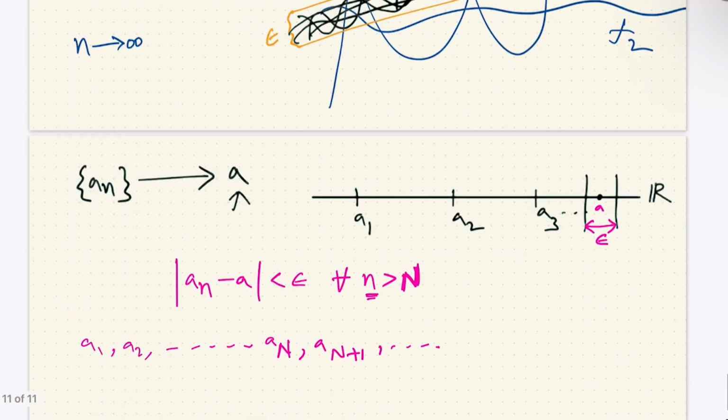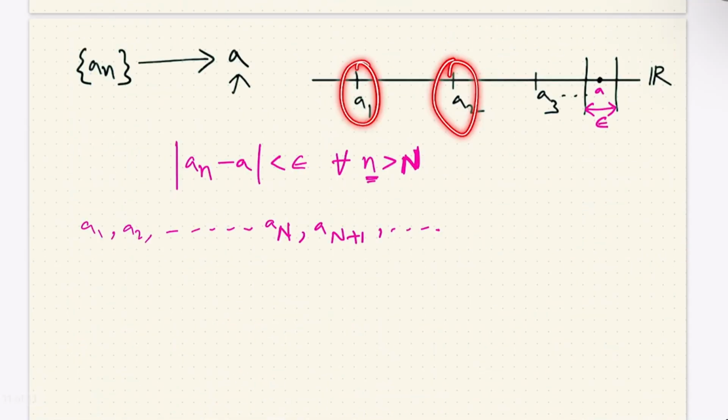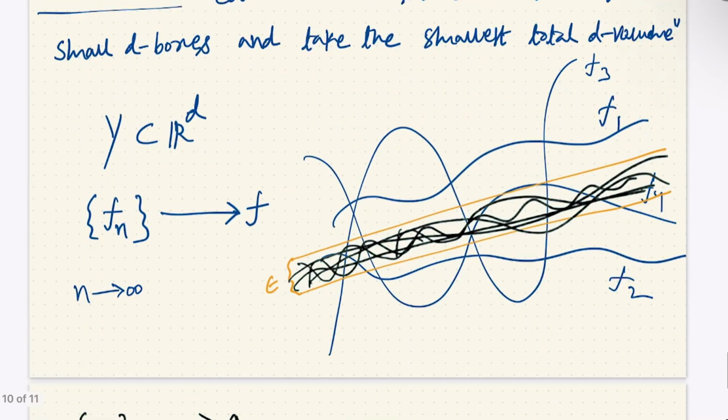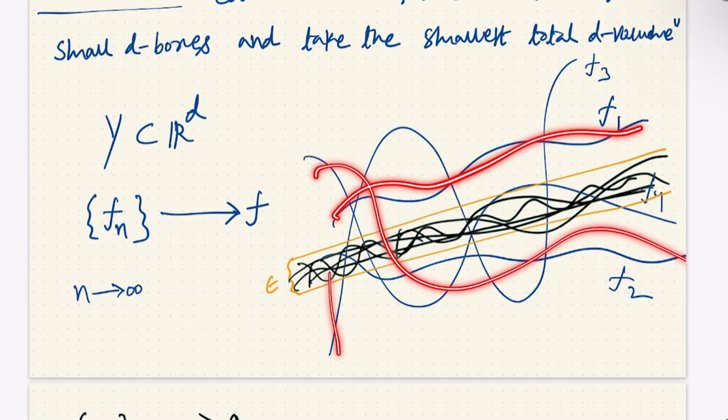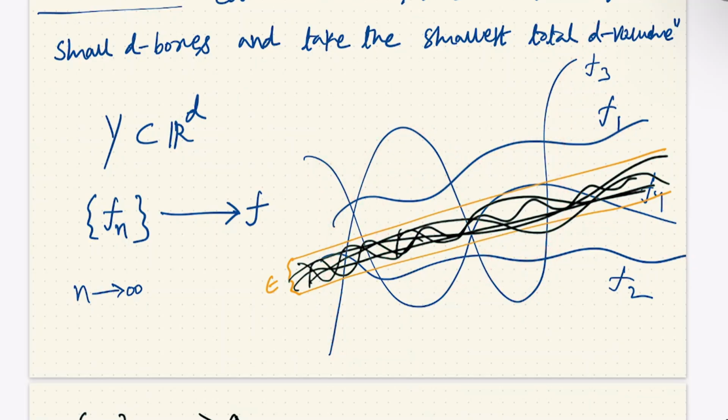Here, instead of numbers, you have functions. You have function f1, function f2, function f3, and a lot of other things. Then what is happening here? Here you have the function norm, that is fn minus f.